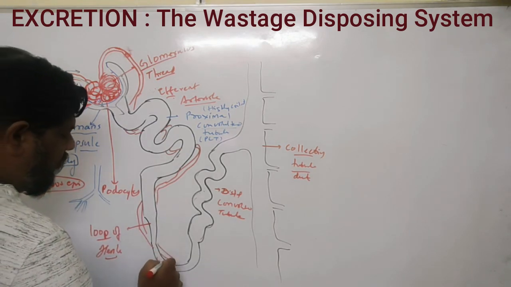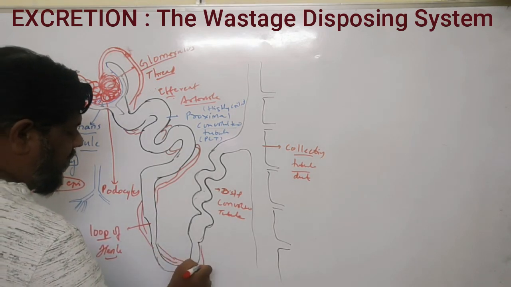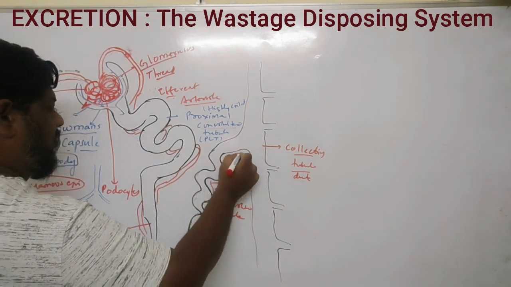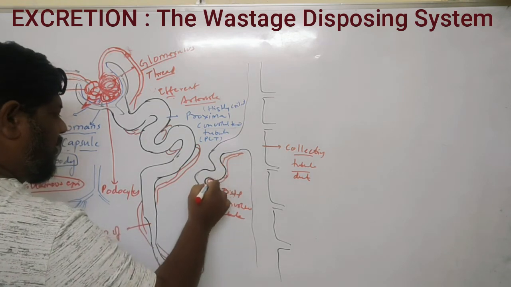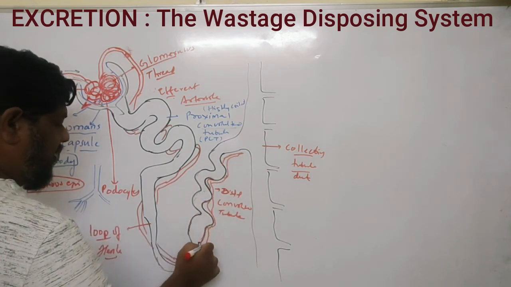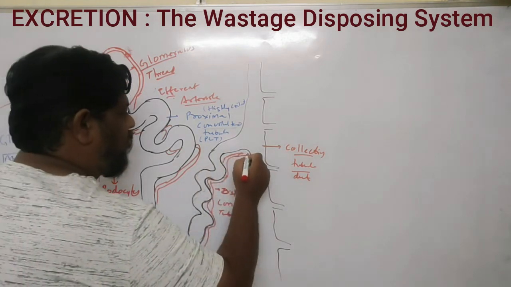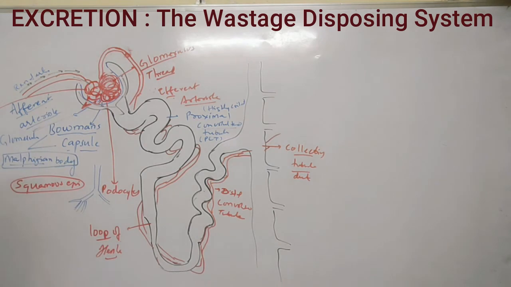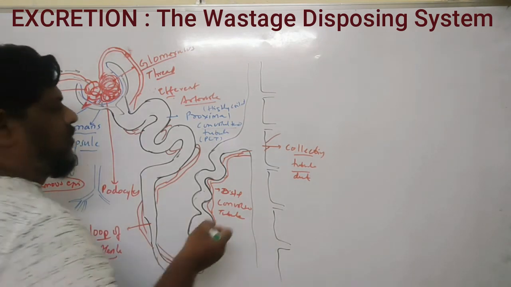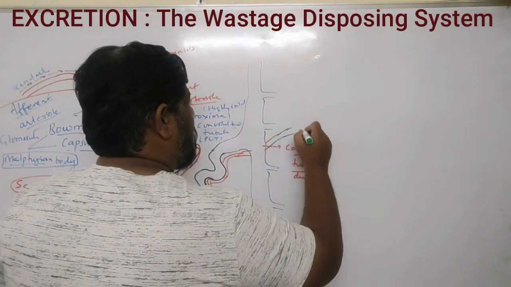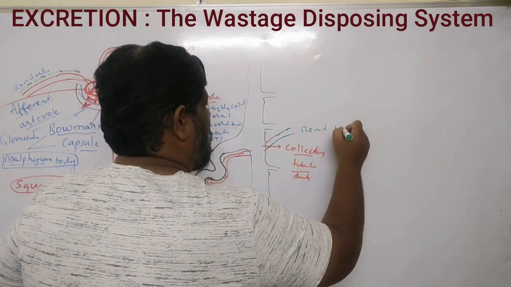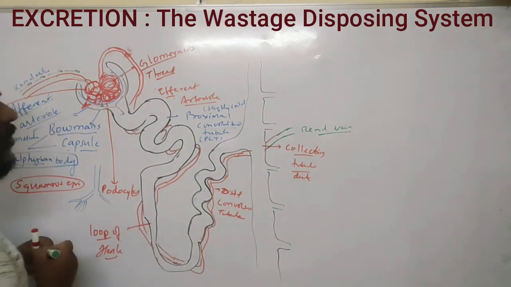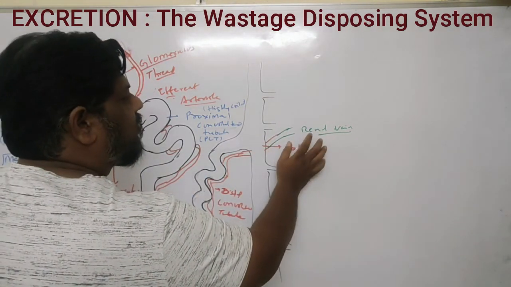Okay, so it will travel parallel along with the tubule, and then it goes out and comes out through the renal vein.